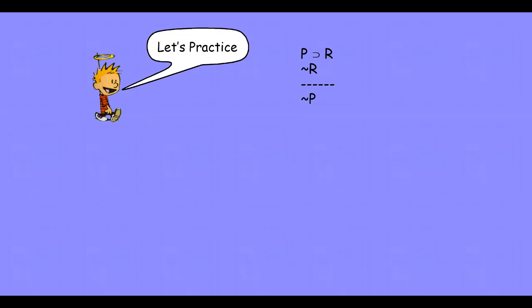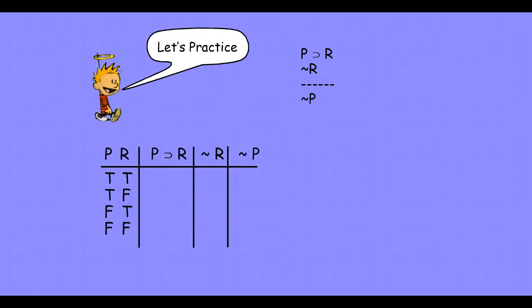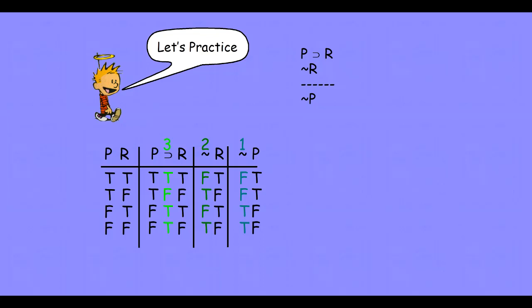Here's another problem. Put it out on our truth table. Copy the truth values for our guide columns in. Do our tildes. Do our conditional statements. Now we look at the two rows where our conclusion, tilde P, is false.